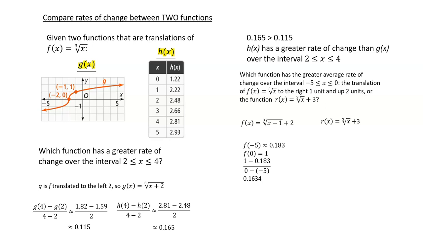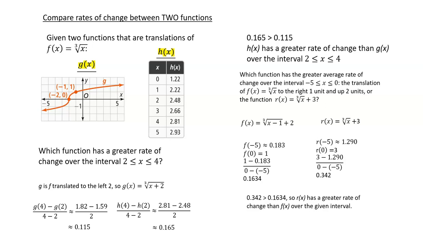For r, looking at the values for r of negative 5 and r of 0, and then finding the change in y over the change in x, we get 0.342. Since 0.342 is greater than 0.1634, r of x has a greater rate of change than f of x over the given interval.